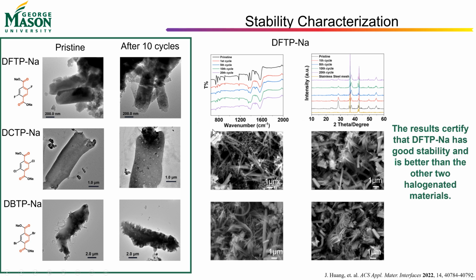So we did the F 1s test and found the proportion of sodium fluoride is highest in the SEI layer of DFTP sodium. Since sodium fluoride is a very strong component in the SEI layer, this means DFTP sodium has the strongest SEI layer, and it explains why it has the highest stability.